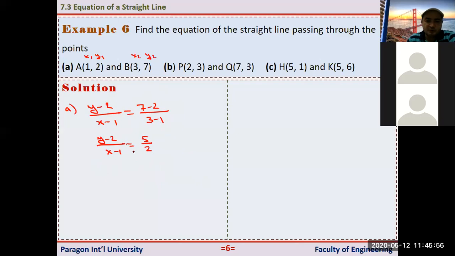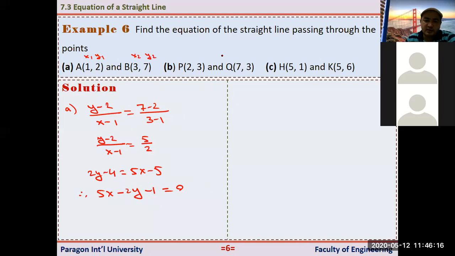If you just cross multiply, let me write this in the general form. 2y minus 4 is equal to 5x minus 5, or 5x minus 2y minus 1 is equal to 0. That is the equation of the straight line.